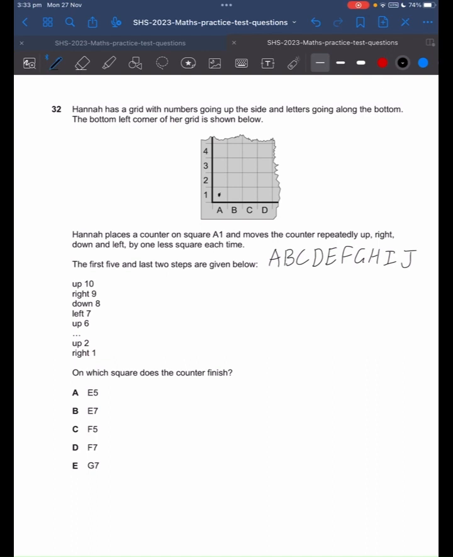She first goes up by 10, so she'll end up at A11. And then she goes right by 9. So 1, 2, 3, 4, 5, 6, 7, 8, 9. She'll end up at J, so she ends up at J11.